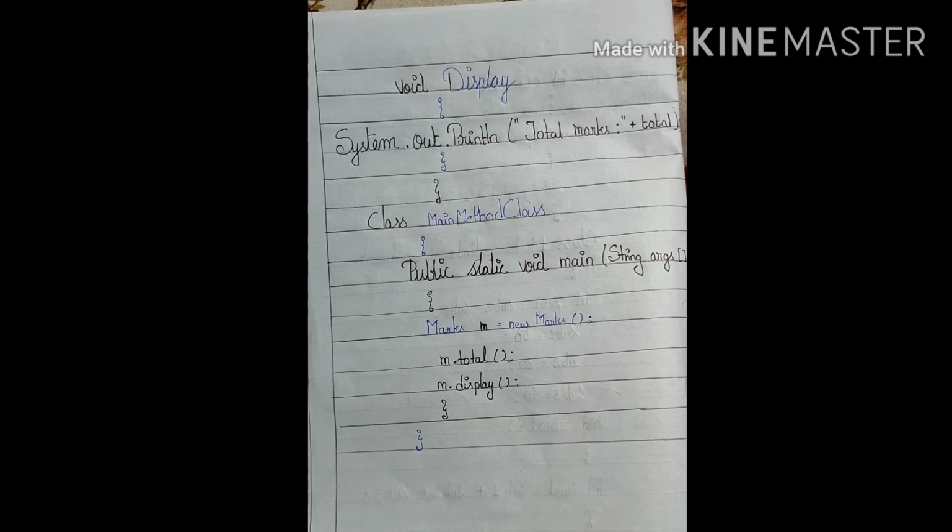As we have learned from the previous topics, our printing function is System.out.println, where System is a class, out is the object and println is the method. So I am printing the total marks by using the println function. So we are defining the display function, and let's finish the definition of our child class by closing the braces.